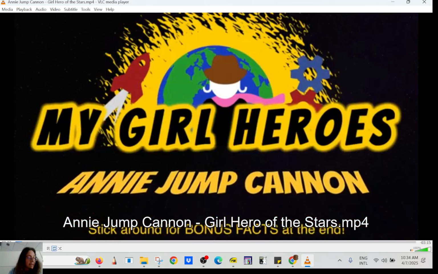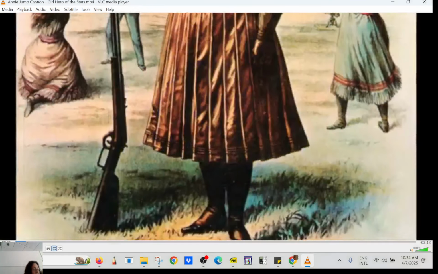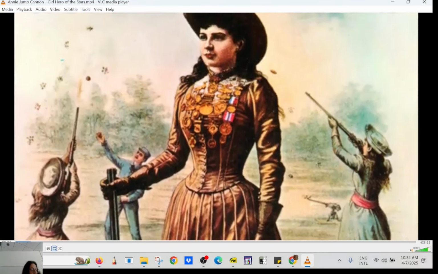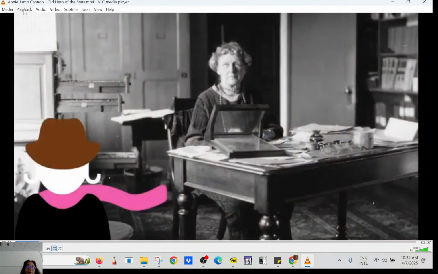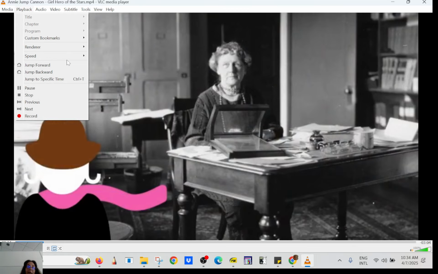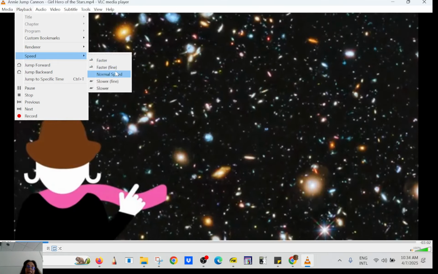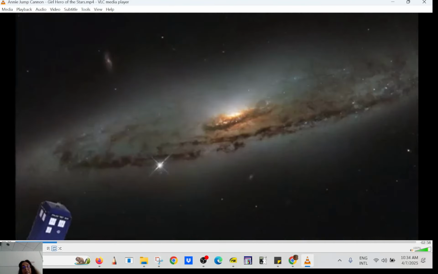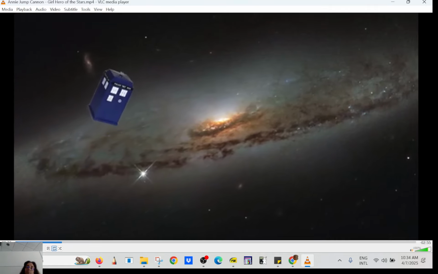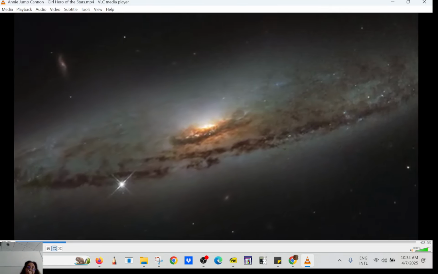The awesome name Annie Jump Cannon makes me think of a Wild West rodeo star or a famous explorer sailing around the world. But Annie was an explorer of a different kind. Not only did she discover and catalog more stars than anyone else ever, she also helped create a star classification system we still use today.